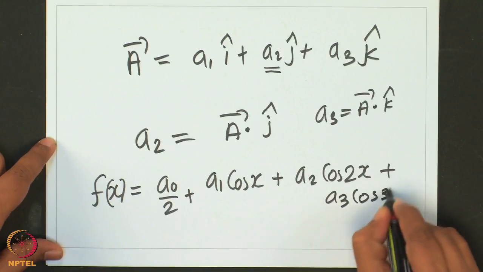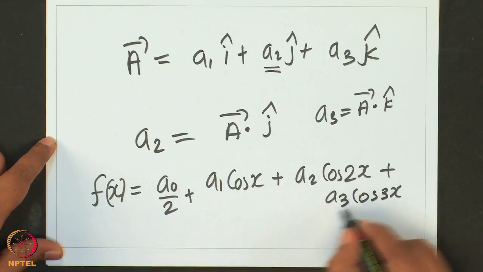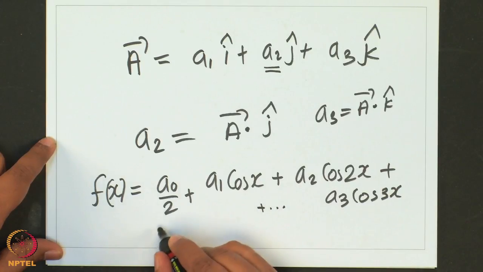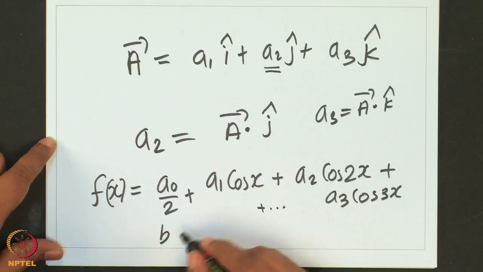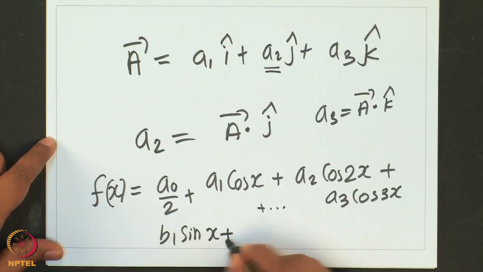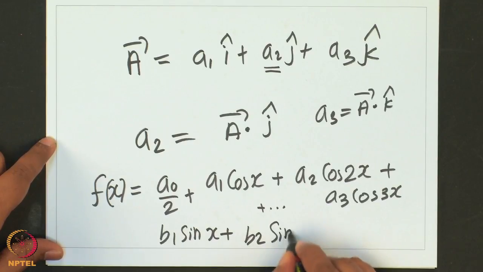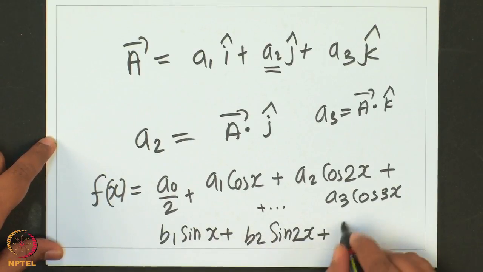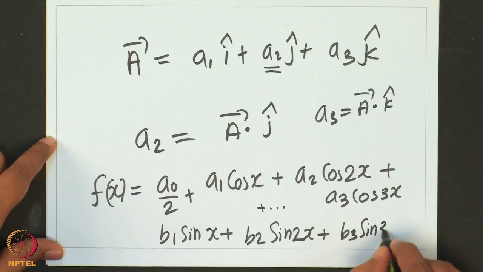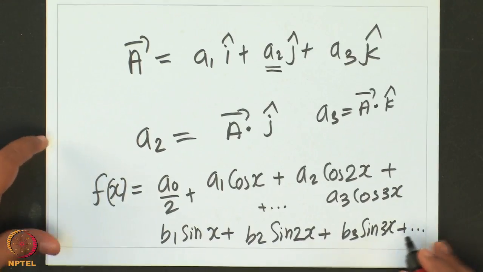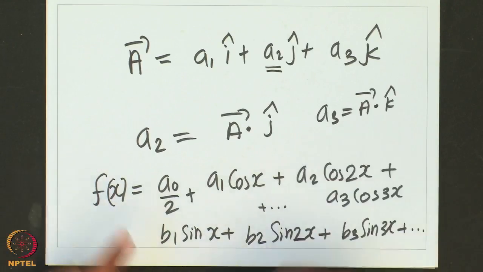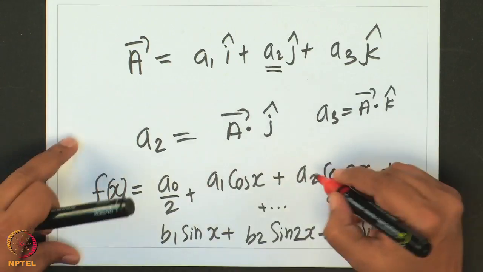Similarly, b0 is 0, b0 is irrelevant, b1 sin 1x plus b2 sin 2x plus b3 sin 3x plus dot dot dot.